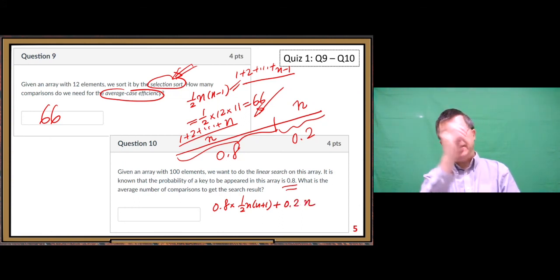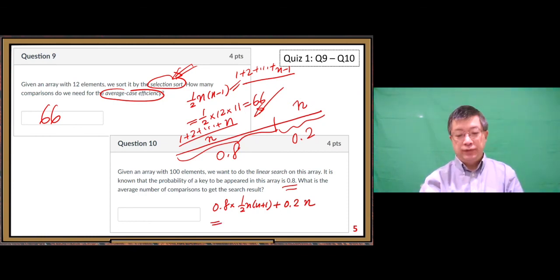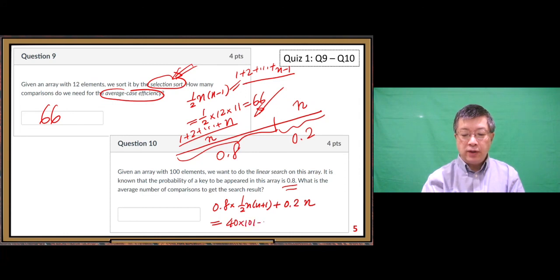So you calculate that answer. N is 100. So 0.4 times 101 times 100, which is 4040.